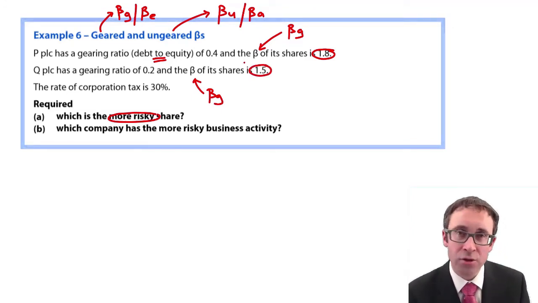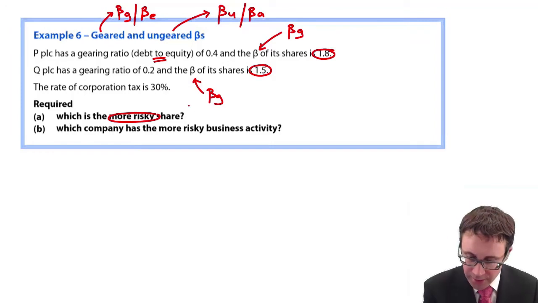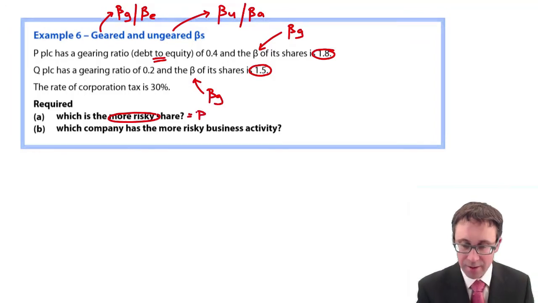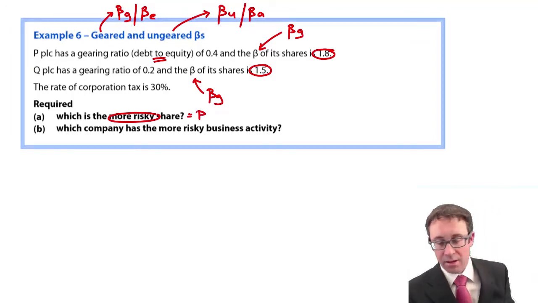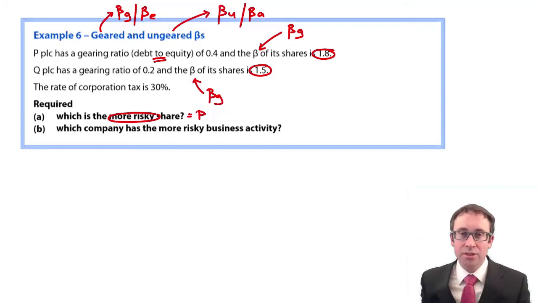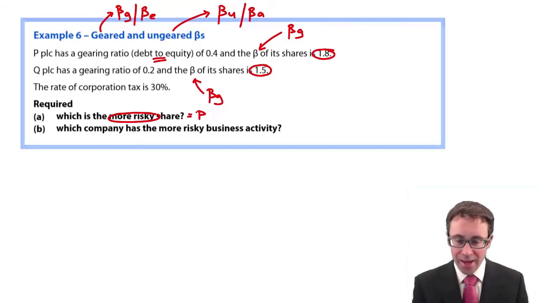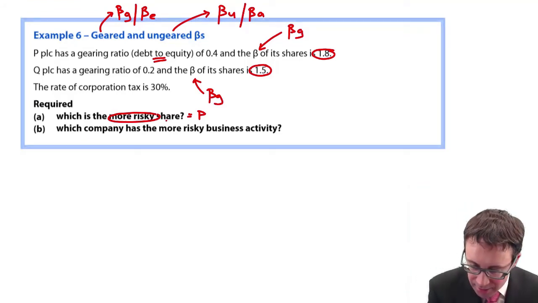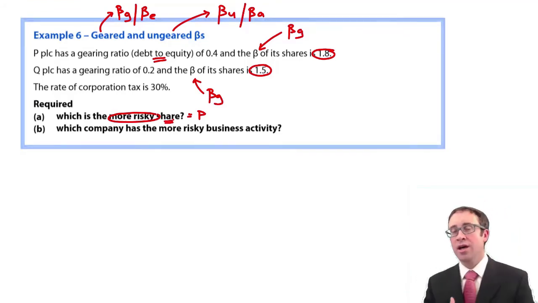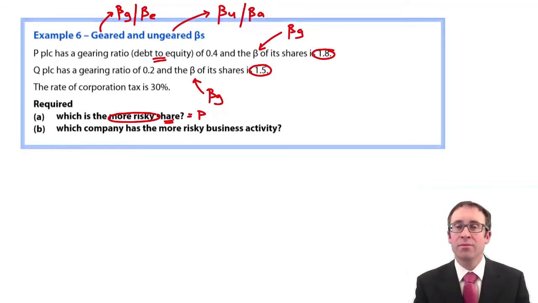Which is higher, 1.8 or 1.5? 1.8, so P has the higher level of risk. Excellent, because you're looking at the share, and as we are geared, it needs to represent the total risk of this business.